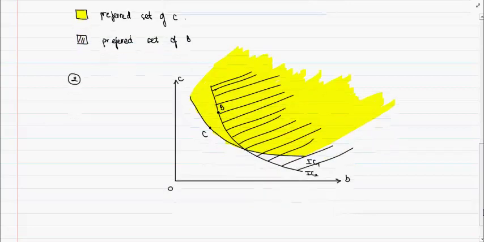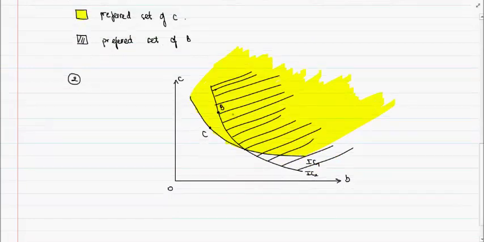Now I want to plot bundle A such that it is in the preferred set of B but not in the preferred set of C. So something like this. If bundle A is somewhere here, it is inside the black line area but not inside the yellow shaded area, so that satisfies the requirement.